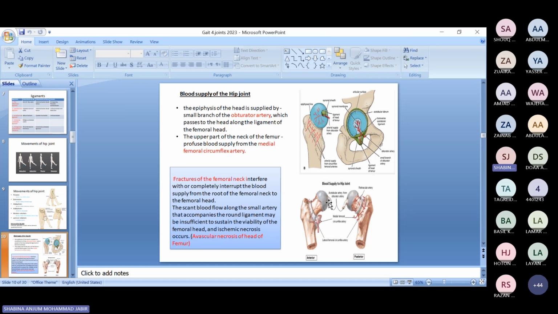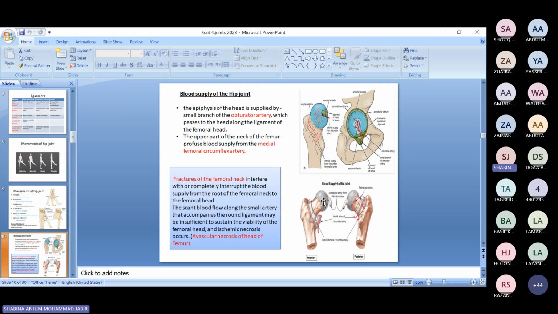The neck has a very rich blood supply from the medial circumflex artery. The fact is that this branch supplying the head is a very small branch, and it may be absent also.